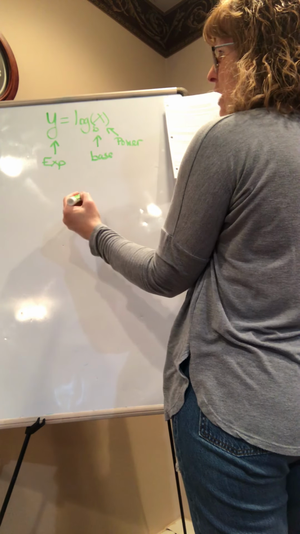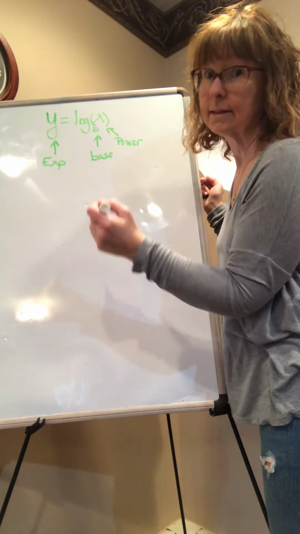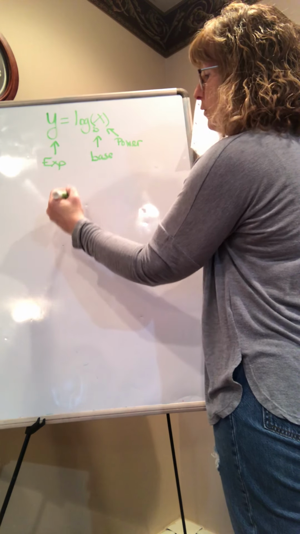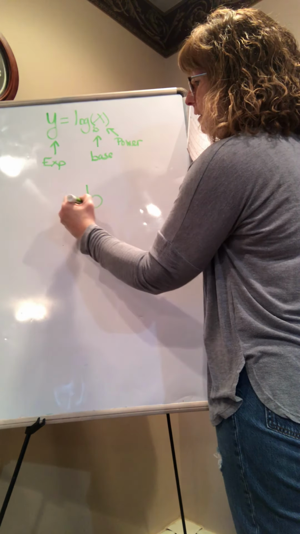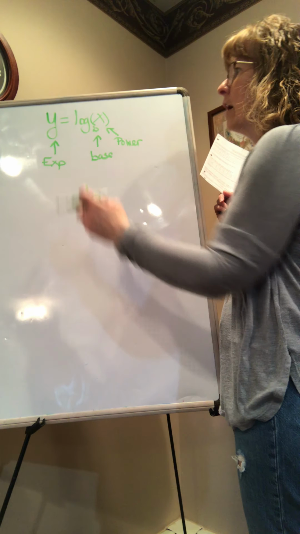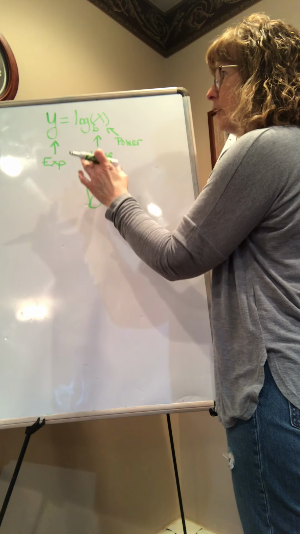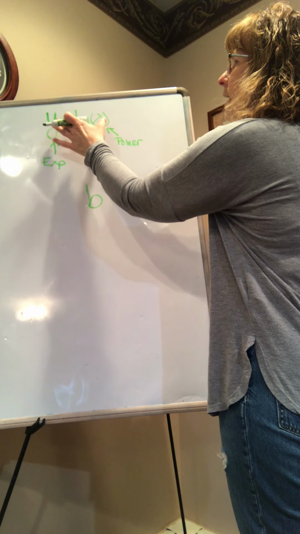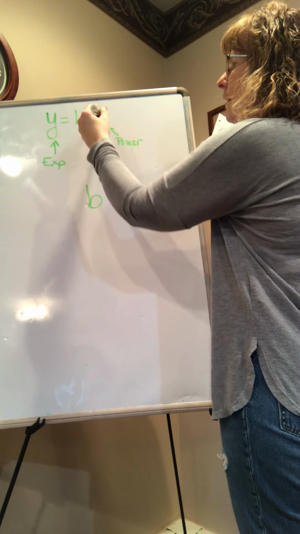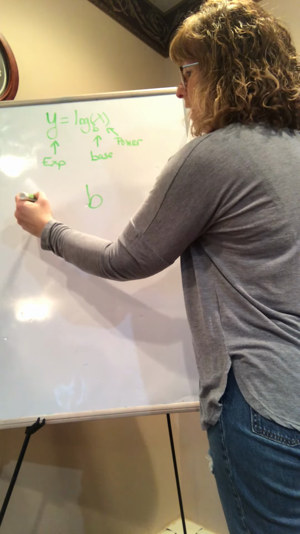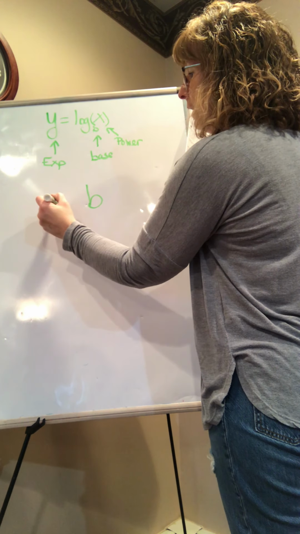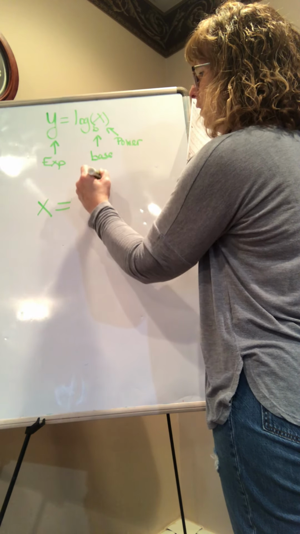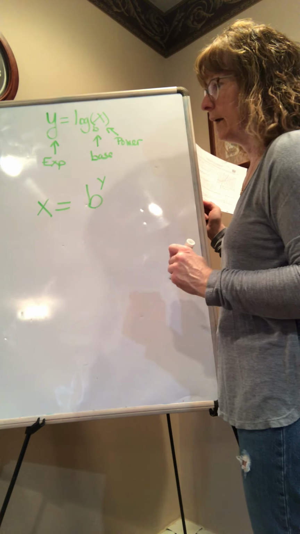Now the base doesn't change. When it's on a log, it's nice and small, but when it's in exponent form, it's nice and big. Now what changed from log form to exponent form is that these guys are going to flip. And then this would be the power is the base to the exponent y.